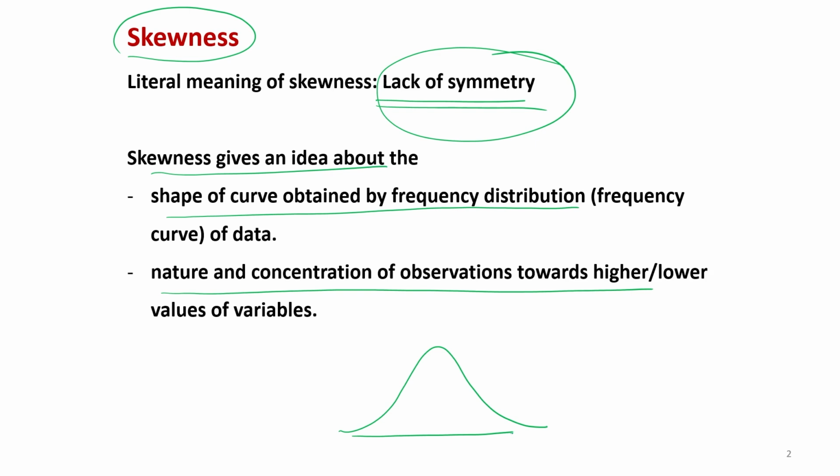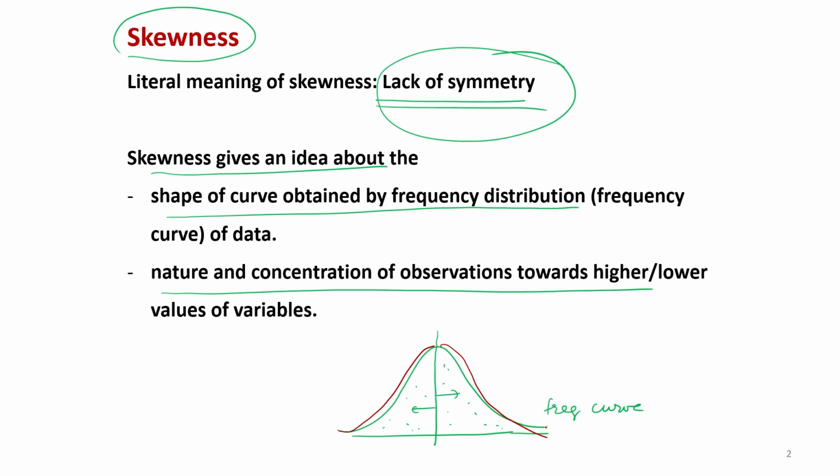Suppose my frequency curve is coming out like this. Now if I take a line in the middle, you can see that the data on the left side of this line and the data on the right side of this line are distributed in such a way that the structure of the curve on both sides is the same. That is the symmetry.